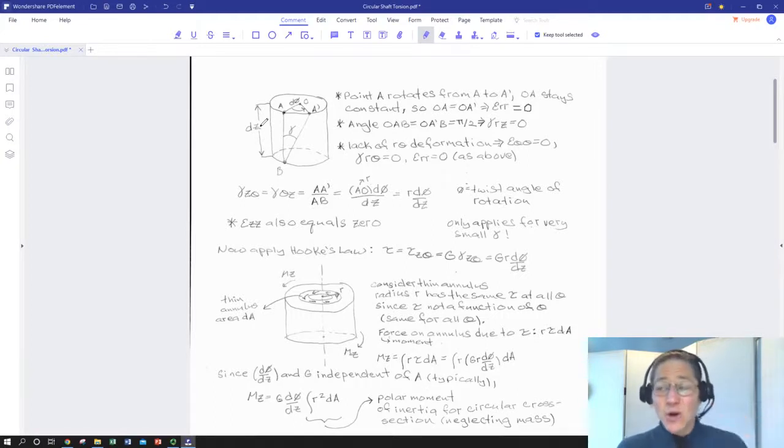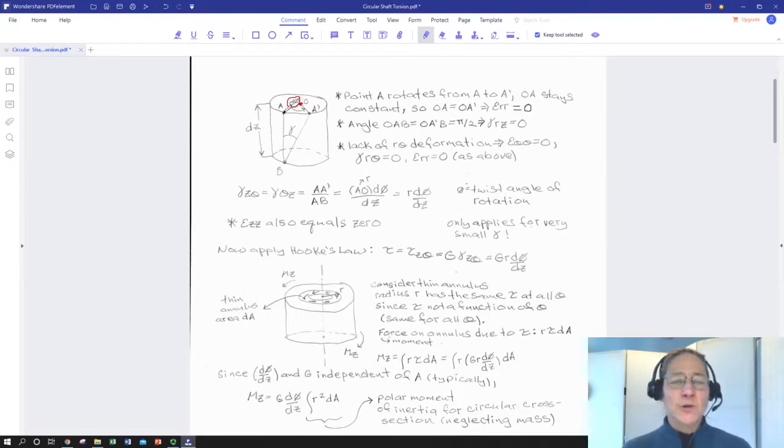So it's a small slice. And we've got a twist angle. We're going to twist this little element an angle of d phi here. And we've got the center of the little cylindrical element noted as O, so like our origin.